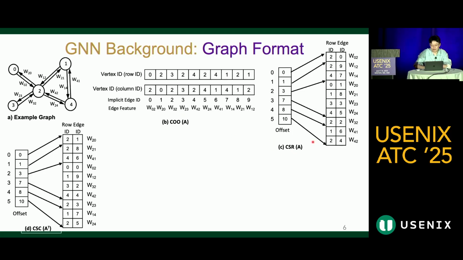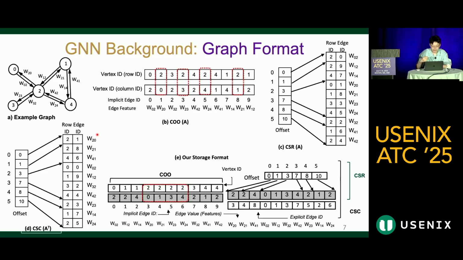The CSR represents the graph, and the CSC format represents the graph transpose. The A here means the adjacency matrix, which is actually a graph. You can see that CSR and CSC are very similar to each other. The only difference is that the edge IDs are different, and the edge weights are in reverse order.